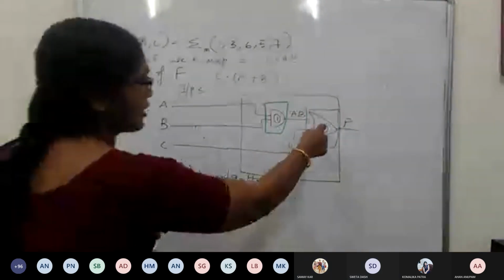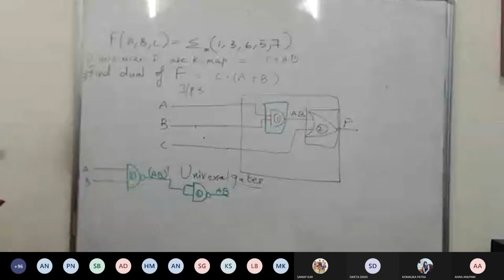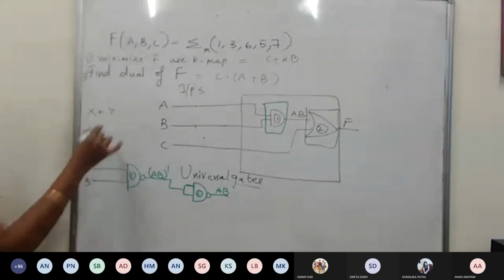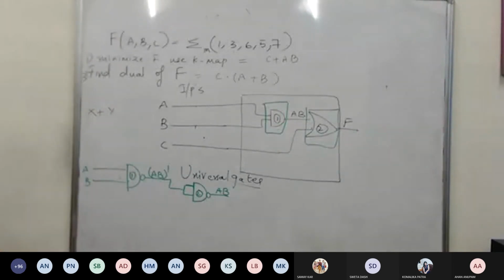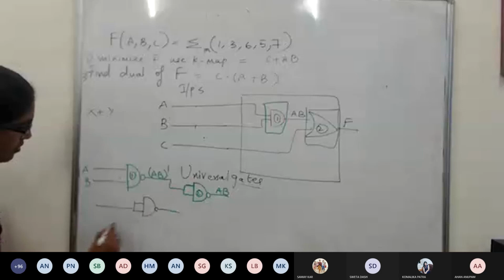Now, to get an OR gate for this second gate, how can we do the OR gate realization using only NANDs? That's my target. OR gate means what? I should get X plus Y, but I should have only NANDs in that. So you can use your De Morgan.